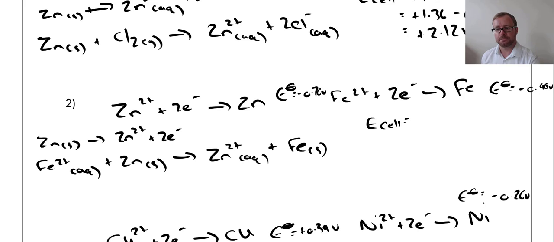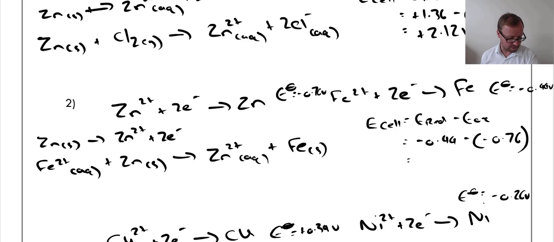E cell is my E reduction minus my E oxidation, which is minus 0.44 minus minus 0.76, which gives me a value of something. What does it give me a value of? Plus 0.32 volts.